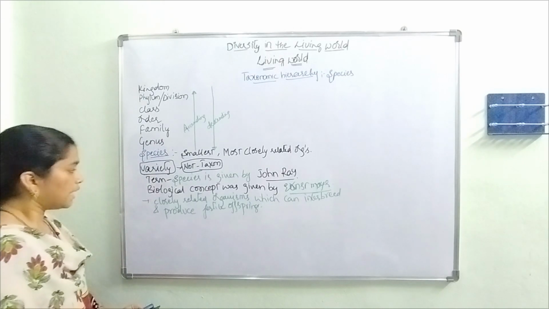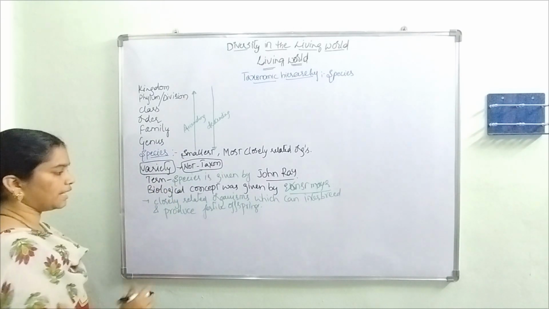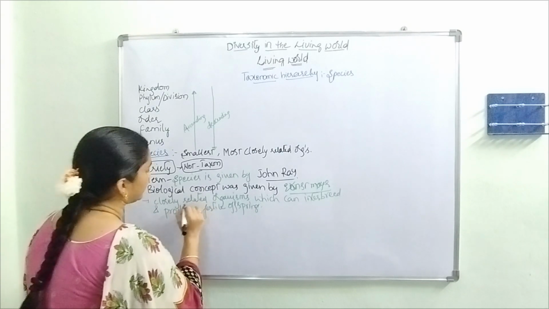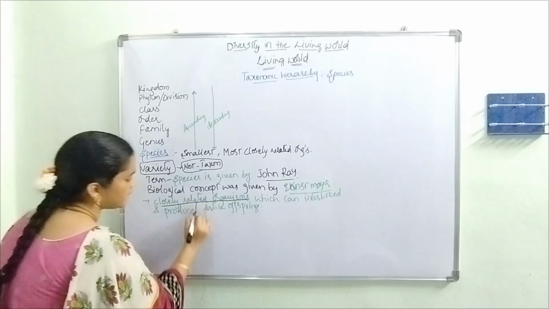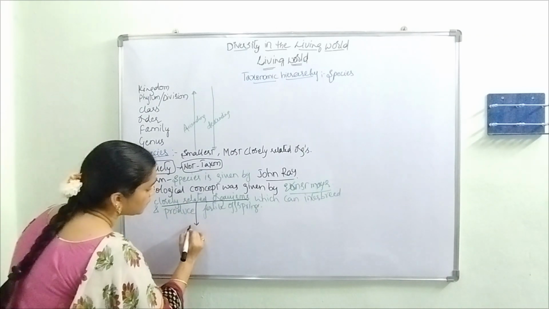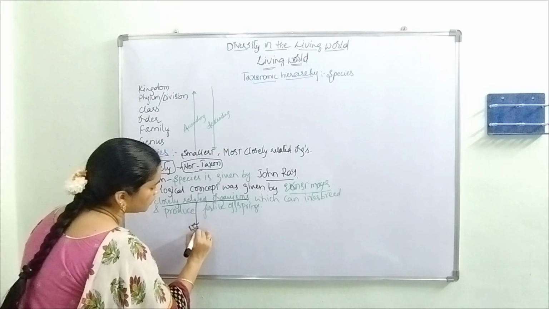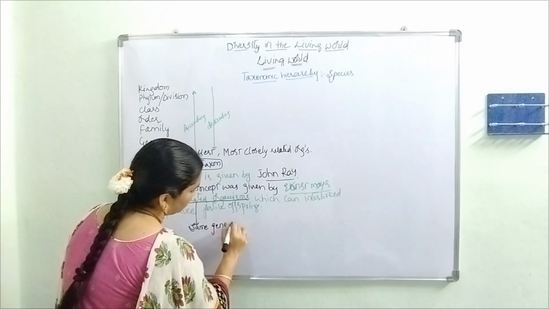Closely related organisms means organisms from the same gene pool.